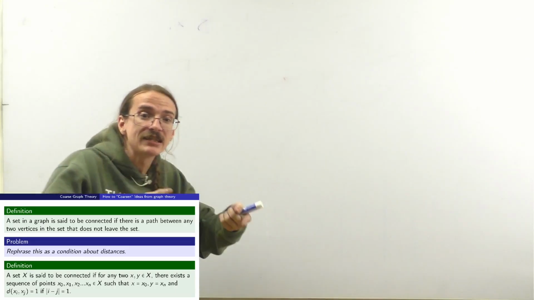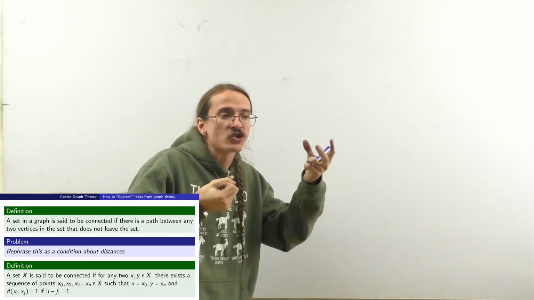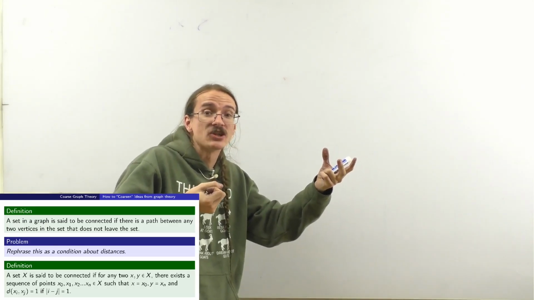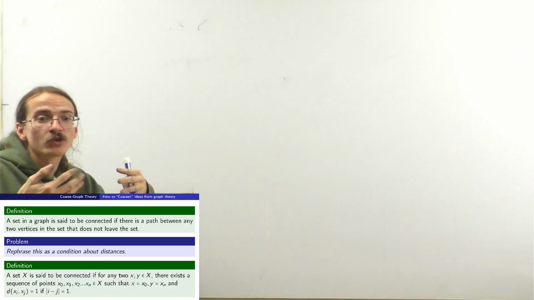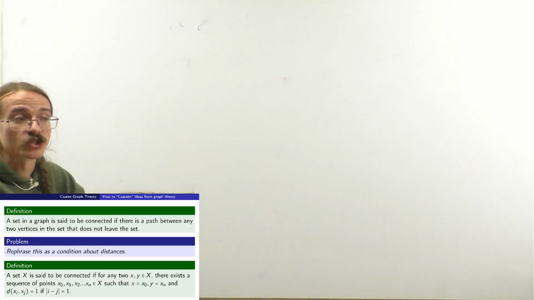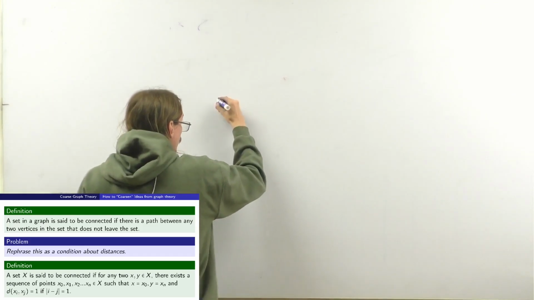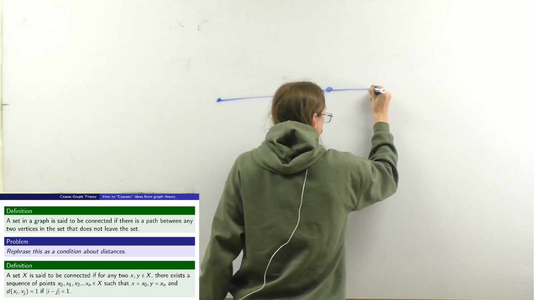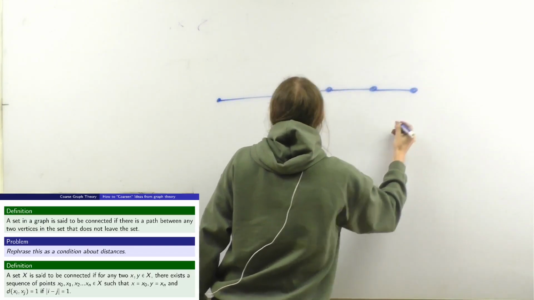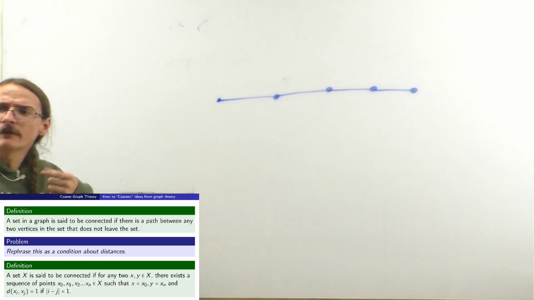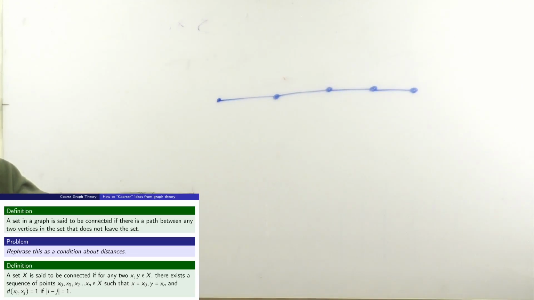To coarsen an idea generally means to translate a notion about equalities or strict limitations on distance to a much more nebulous notion of restrictions on the distance. So, a set is connected if inside of it there's a path, from any point in it to any other point in it.